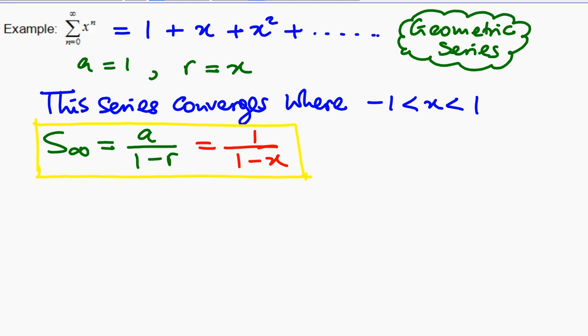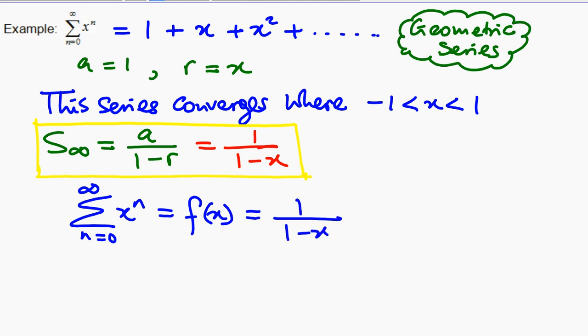So basically we are saying that this power series, which is given by this, will be equal to f of x, which is given by 1 over 1 minus x, when x is between -1 and 1.